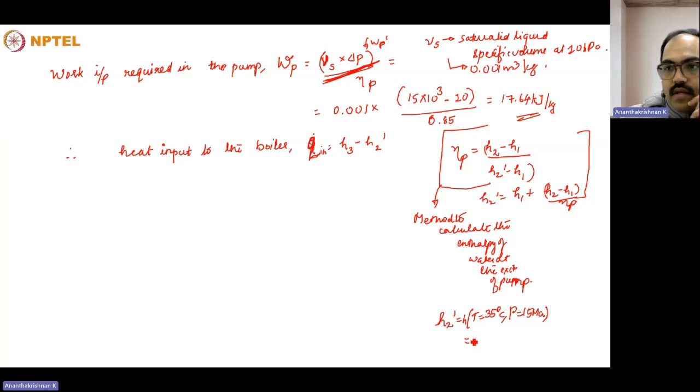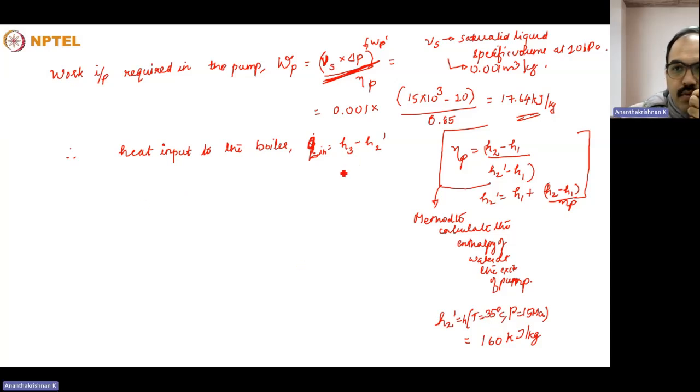So you can read the enthalpy at state point 2 straight away. That will be equal to 160 kilojoule per kilogram, the enthalpy for subcooled liquid at 35 degrees Celsius and 15 megapascal.